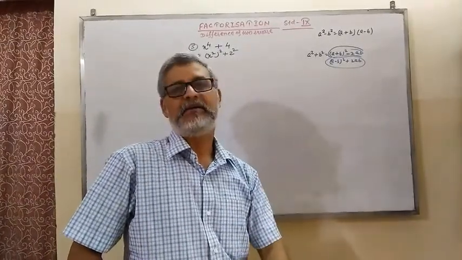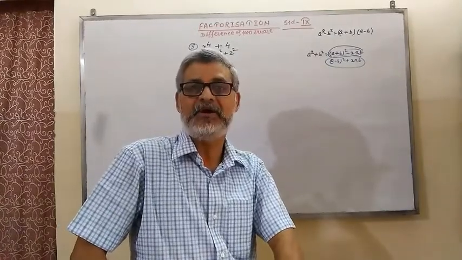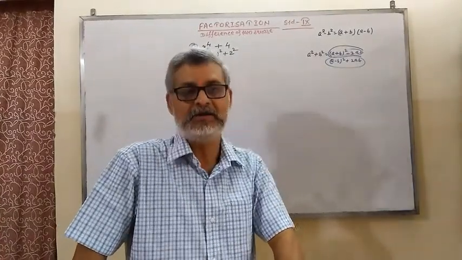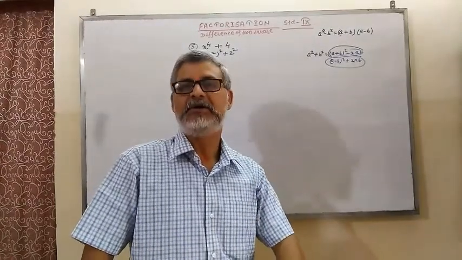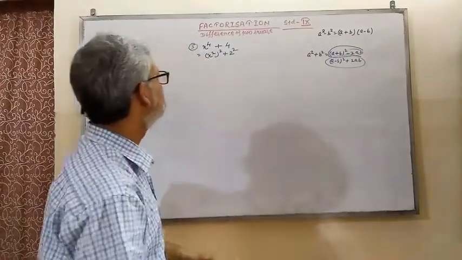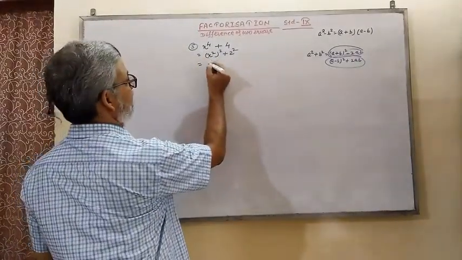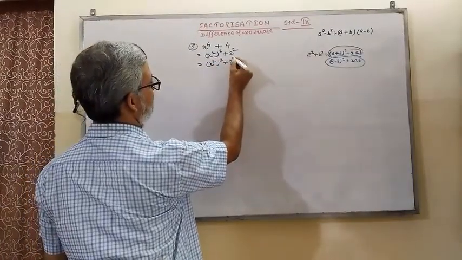It means we convert this question into the form of a square minus b square. So think about how it can be converted into the form of a square minus b square. Now you see x square whole square plus 2 square.